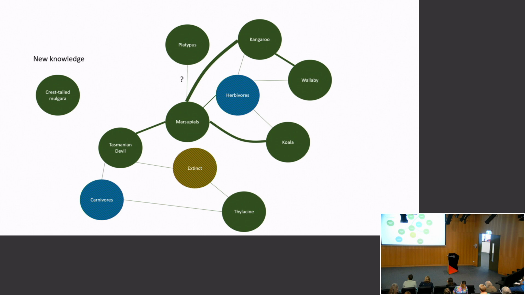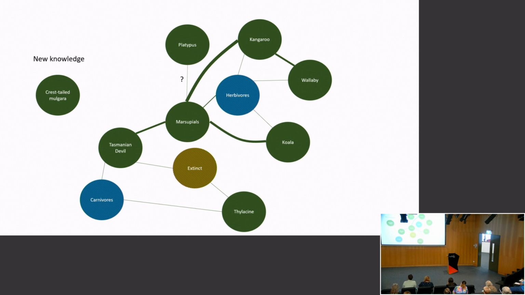So here we've got a schema for marsupials. Now, we're learning about a new marsupial. We've got to fit it into this schema. And notice how a schema connects to other things, herbivores. This is an error. I thought I'd put that in there. Schemas don't have to be correct. You can learn wrong things. This person thinks a platypus is a marsupial.